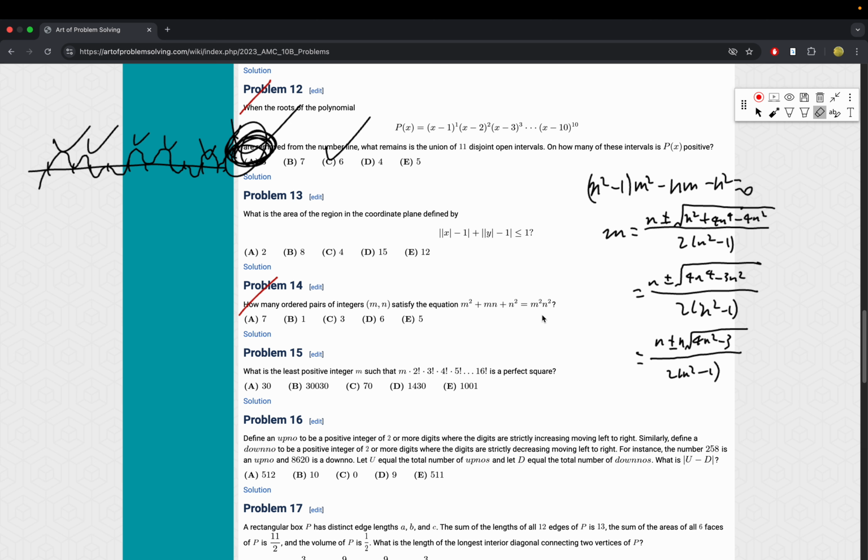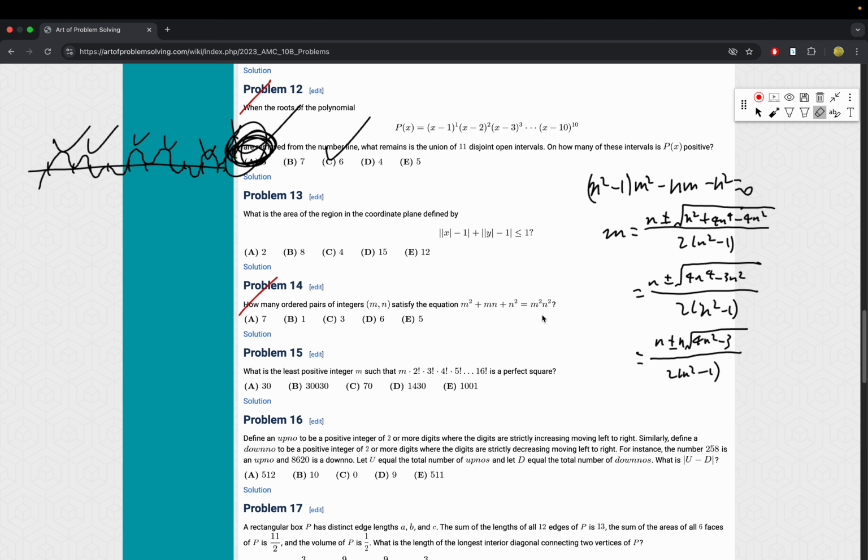So, when n equals 0, m equals 0, so m comma n, 0 comma 0 works. But actually, now that I think about it, the equation is cyclic. Not cyclic, symmetric.